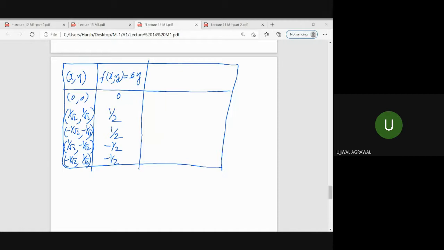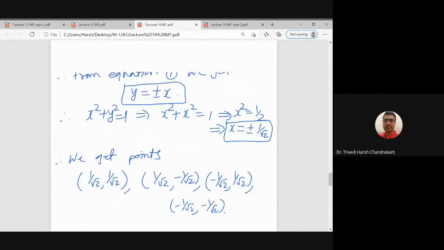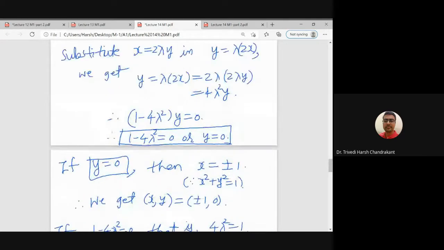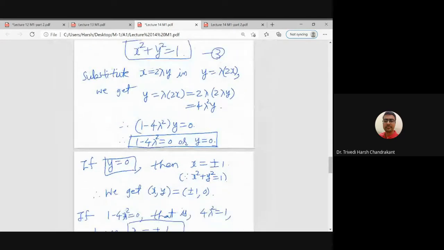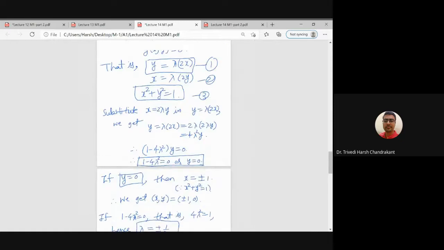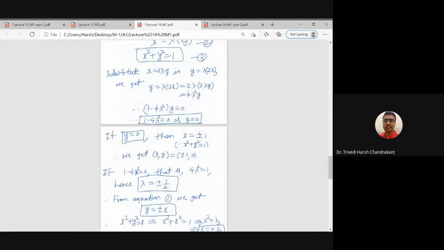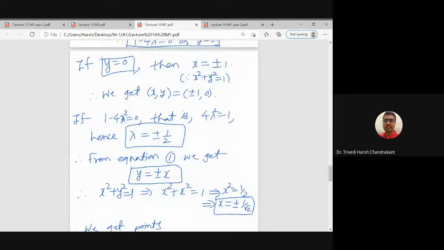Can you repeat from that case, lambda equals plus minus half? Yeah. So lambda is equal to plus or minus half.